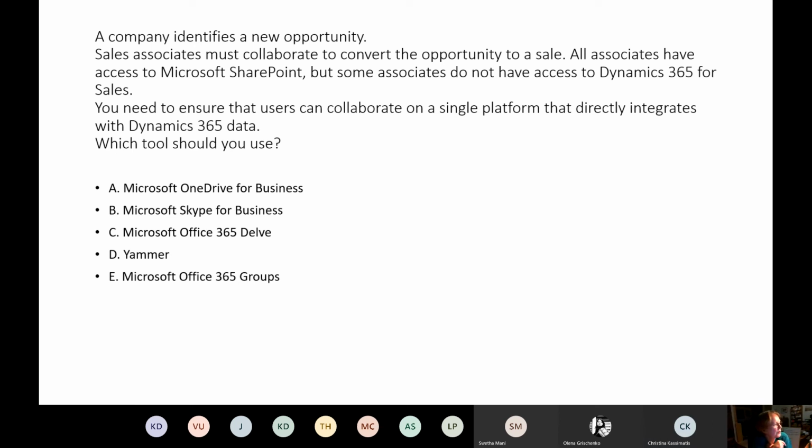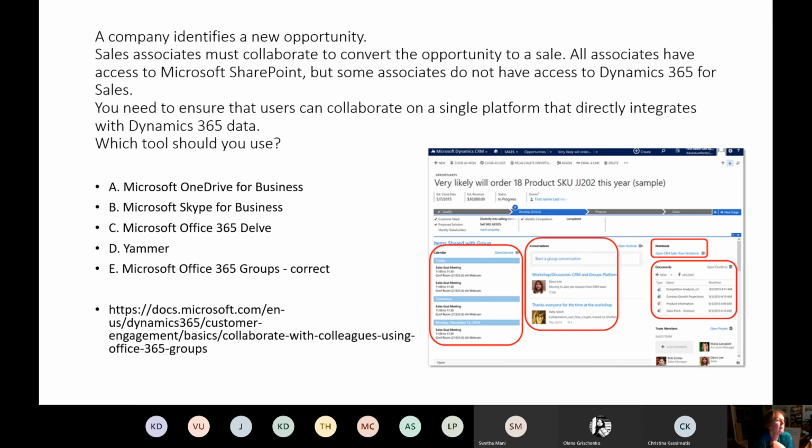You'll see why OneDrive goes in a moment. So there you've got an example of a sale, an opportunity, and you see how that middle box has got a group conversation.